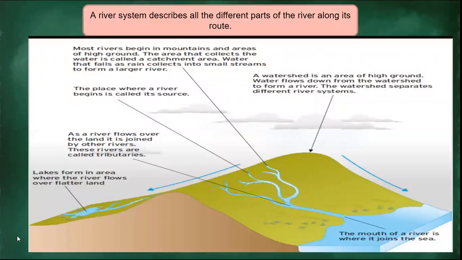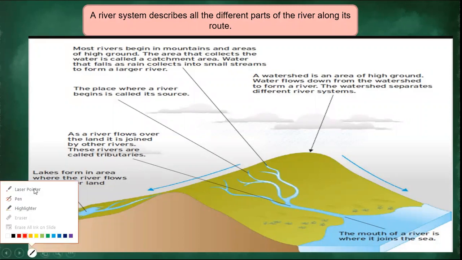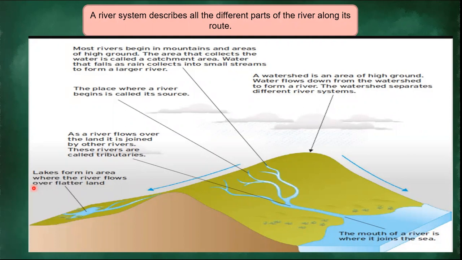As a river flows over the land, it is joined by other rivers. These rivers are called tributaries. Yes, as the river flows over the land, it is joined by other rivers. As you can see, these are different rivers.